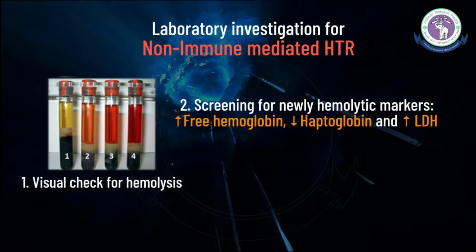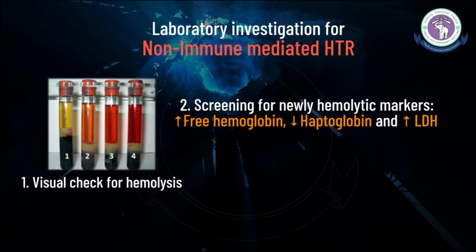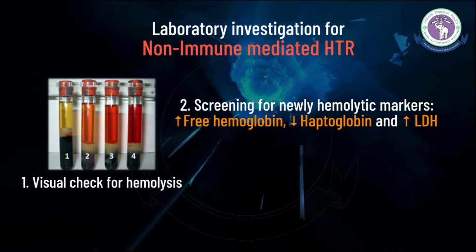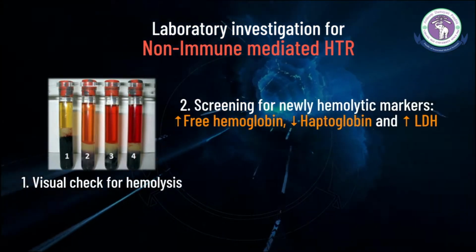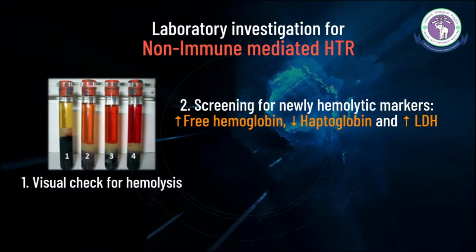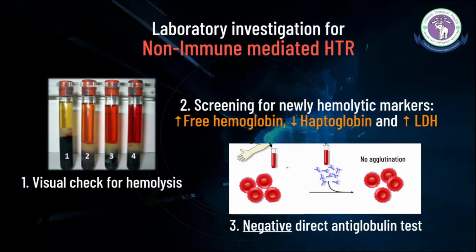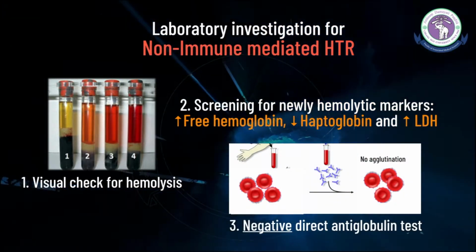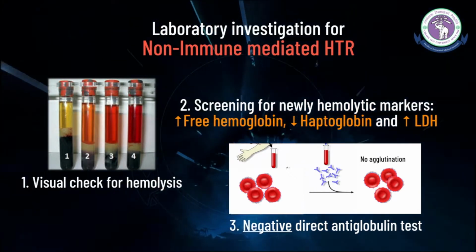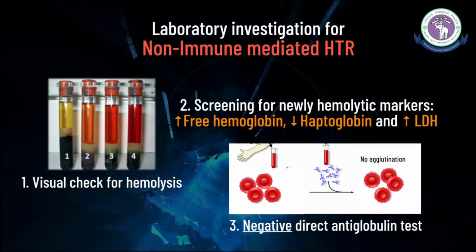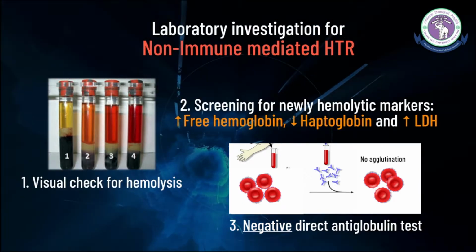Second, screening for markers of intravascular hemolysis such as increased free hemoglobin, decreased haptoglobin, or increased lactate dehydrogenase. Lastly, rule out immune-mediated hemolysis by direct antiglobulin test, which should be negative for non-immune-mediated hemolysis.